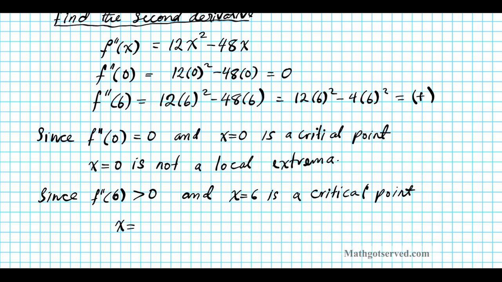Remember, if the second derivative is positive, we have an upward facing concavity, which means that extrema is a low point. So x equals 6 is a local minimum. All right, so that's that for the A part.